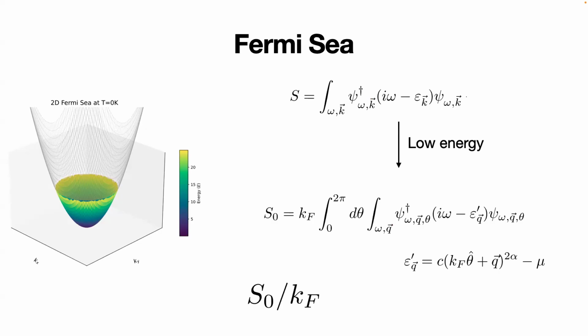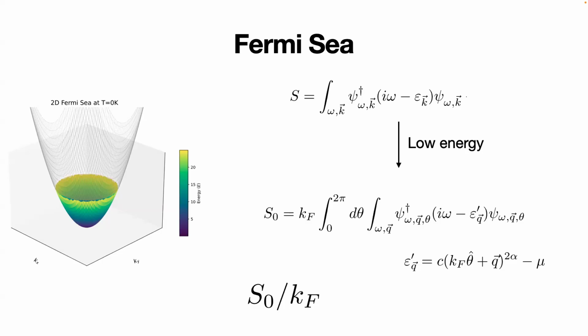As we know from quantum mechanics, due to the Pauli exclusion principle, if we have fermions in one band, we fill the states up to some finite momentum kF. That's the Fermi momentum, and the total action for this whole system is basically quadratic in the fermionic field labeled by the frequency omega and the momentum k. This free action is purely quadratic.